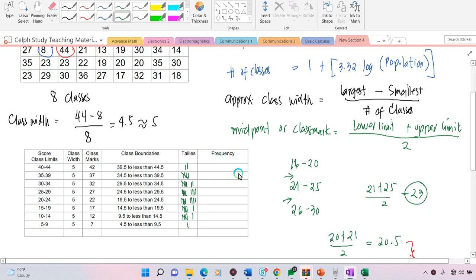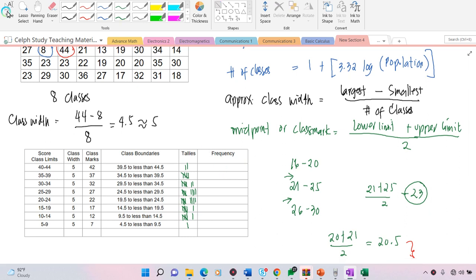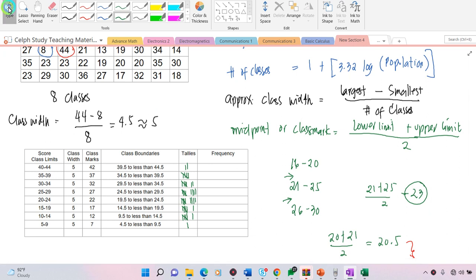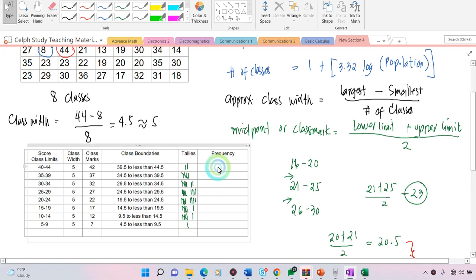So the frequency, F, is 2. So this is 2. So this is 5. This is 7.